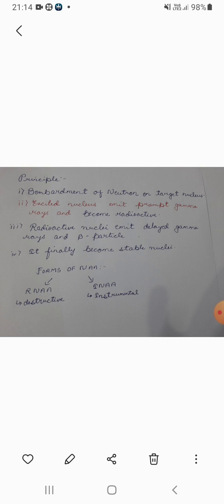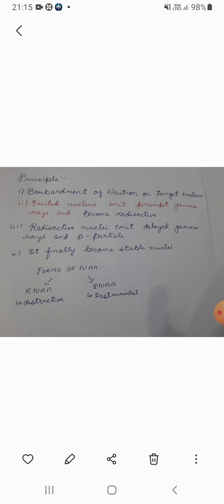The gamma rays emitted after becoming radioactive are known as delayed gamma rays, and the beta particles are also emitted, and their emission is continuous. Its sensitivity is greater than that of gamma rays, and after their emission, it becomes stable.